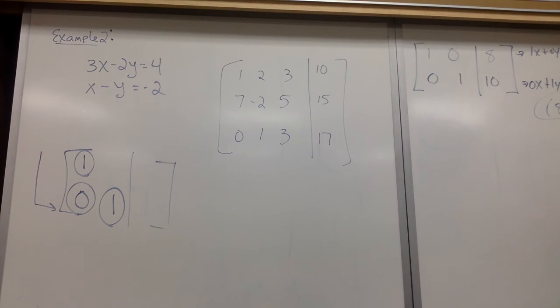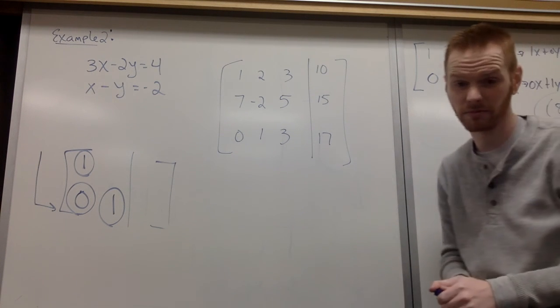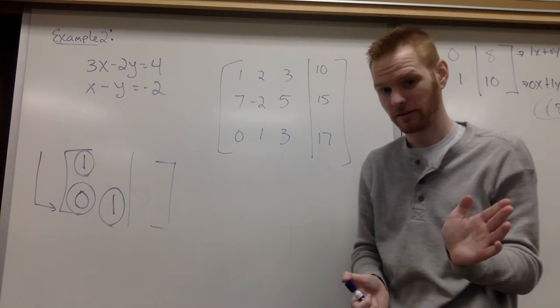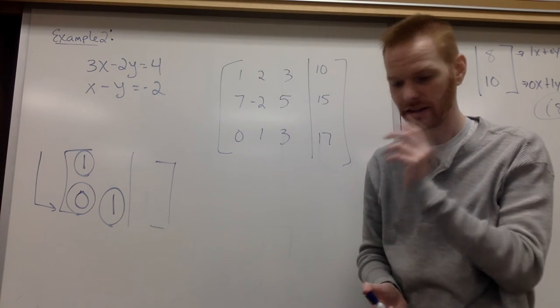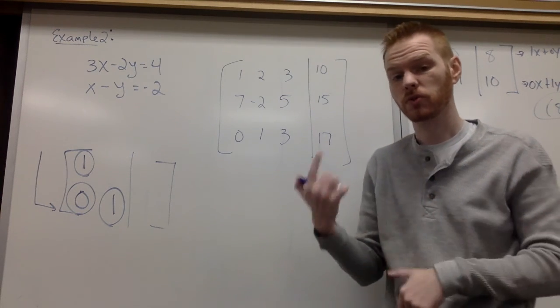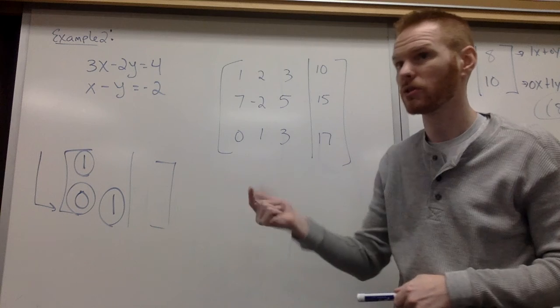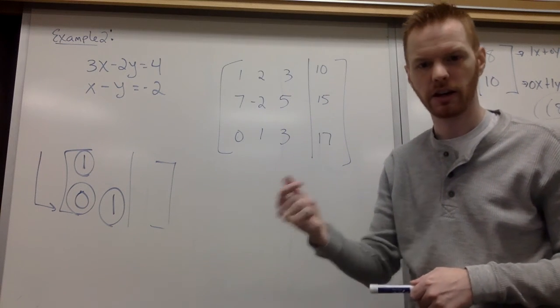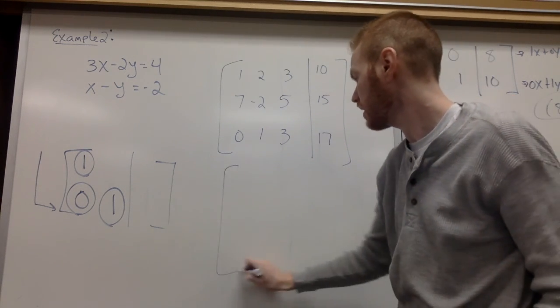What if I had a 3x3? What would I do? Same thing, really. It does depend, I will say. I'm not going to lie and say you're going to do the same thing for everything. It just depends on the problem. And the more you solve with these, the easier it becomes. You start seeing little things that you can do. But in this case, you would do the same thing.